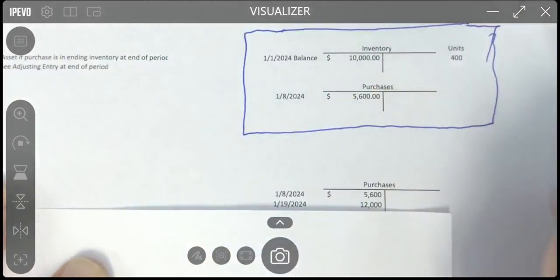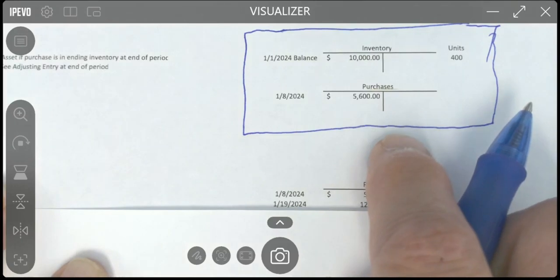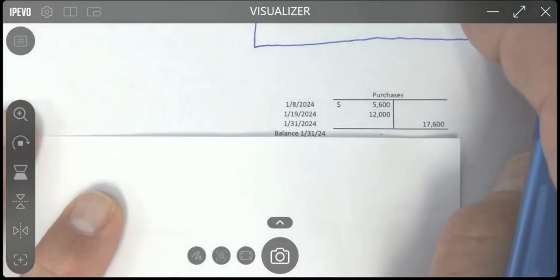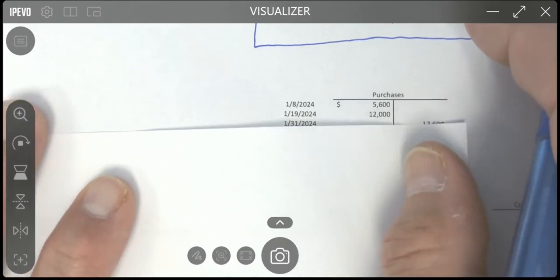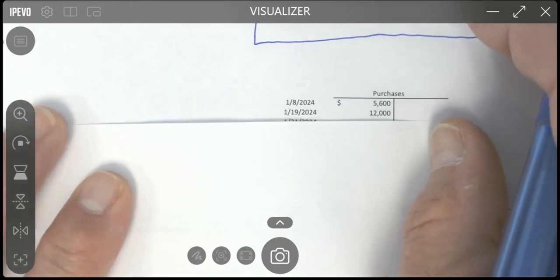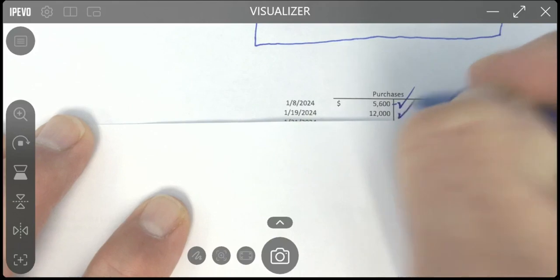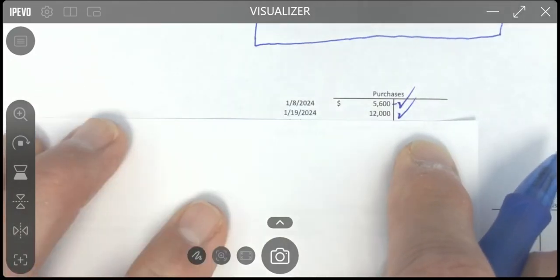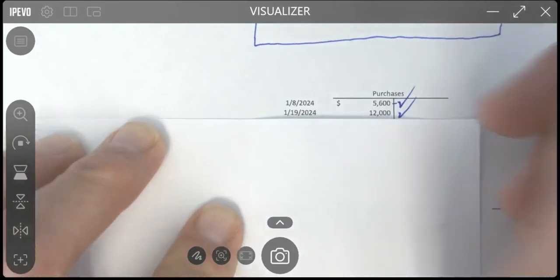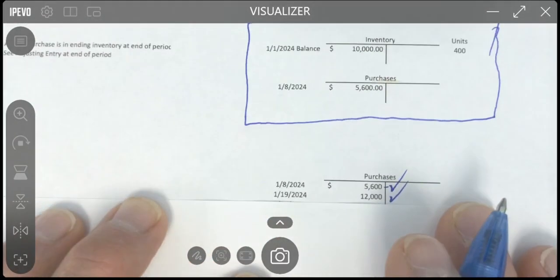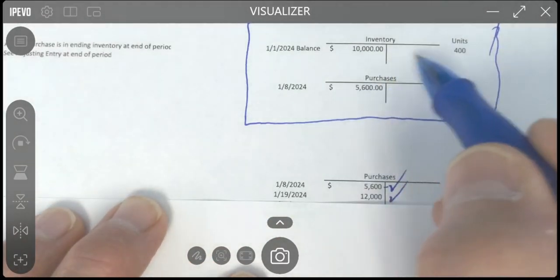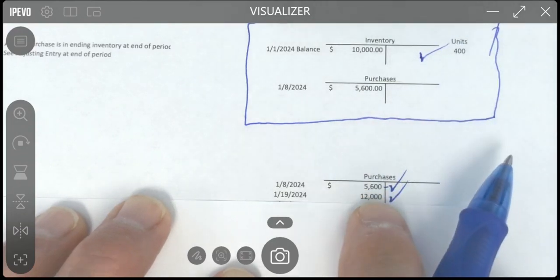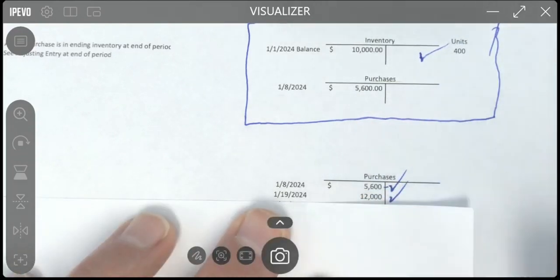And then we add to the purchases the 5,600 and the 12,000 when we posted the two purchases we've made. And so our inventory is comprised of the 10,000 of beginning inventory and the 17,600 of purchases.